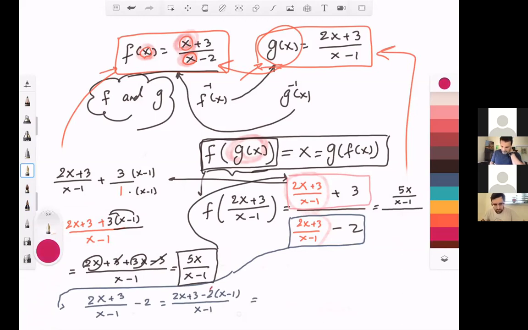I'm going to multiply this in. 2x plus 3 minus 2x plus 2, divided by x minus 1. 2x and 2x will go. 3 plus 2 is 5 over x minus 1. So I put 5 over x minus 1. So we got something beautiful.